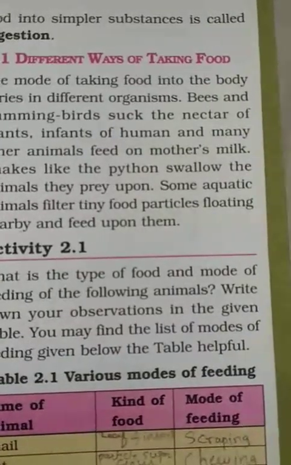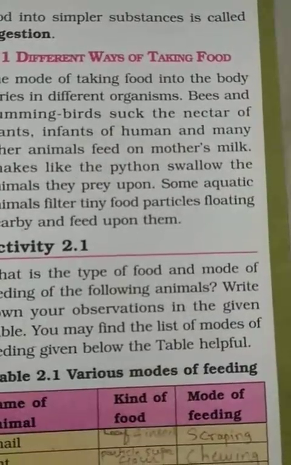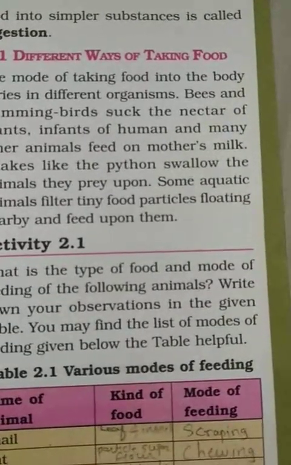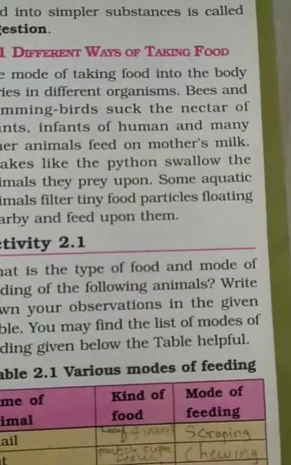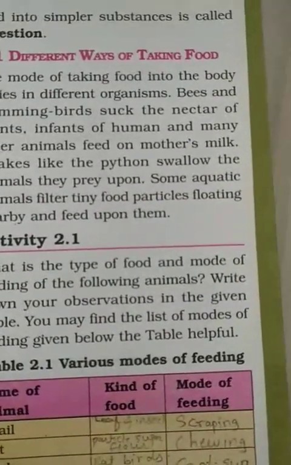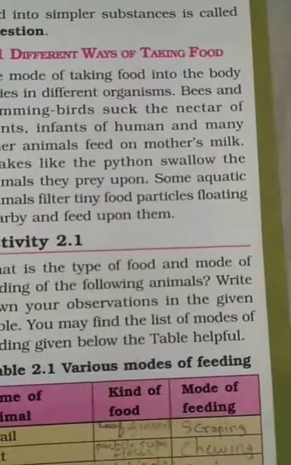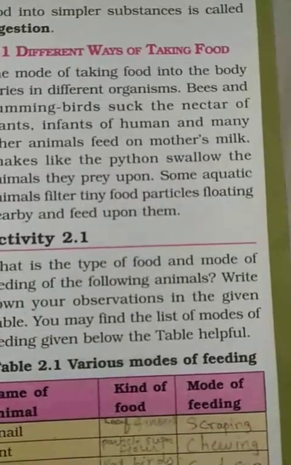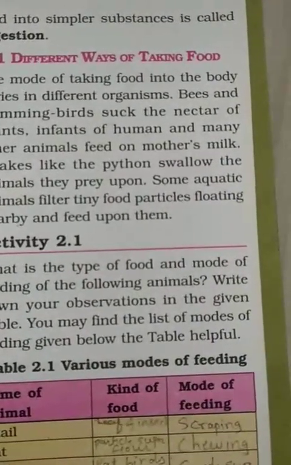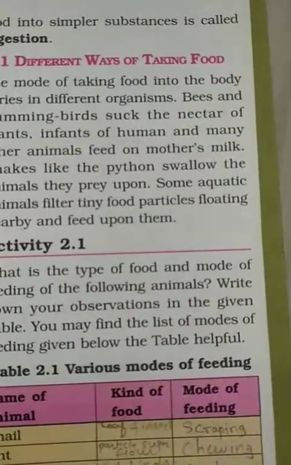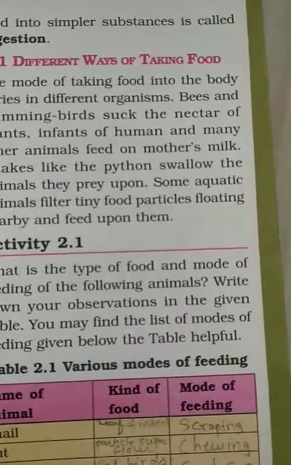Bees and hummingbirds. We have seen honeybees and hummingbirds. What is their food? Their food is the nectar of the flower. They suck the nectar of the plants. Infants of humans and many other animals feed on mother's milk. We have seen that the newborn baby takes mother's milk as food. Then snakes like the python swallow the animals they prey upon.